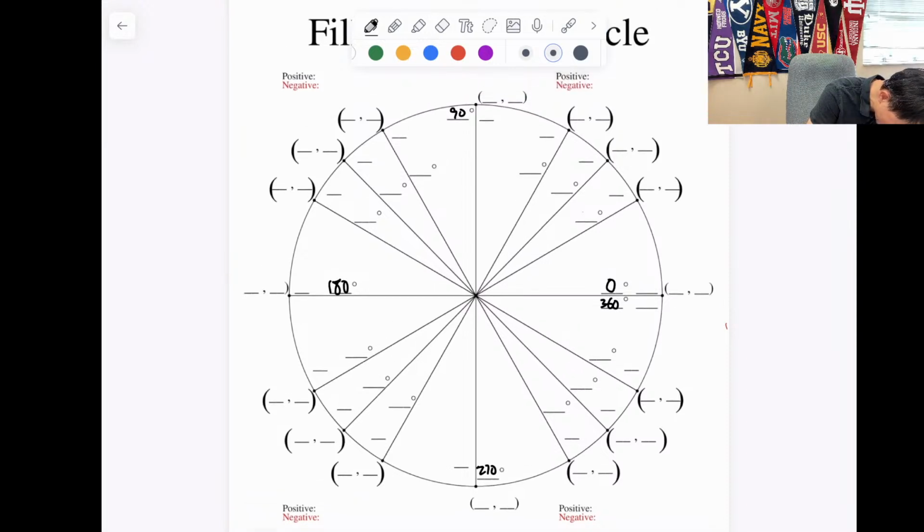Now the next one, I use blue. You can use any other color. But I'm gonna explain to you why I have three different colors here. This is 45 degrees. You know the opening from here to here is 45, and the opening from here to here is also 45.